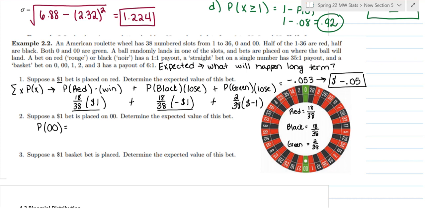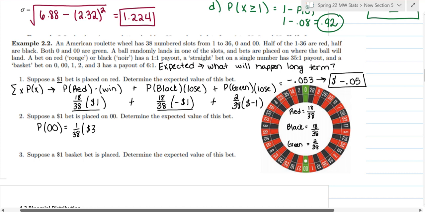How many 0-0s are there on this wheel? 1. 1 out of 38. If I get that, how much money do I get? $35. So I have a 1 out of 38 chance of getting $35.